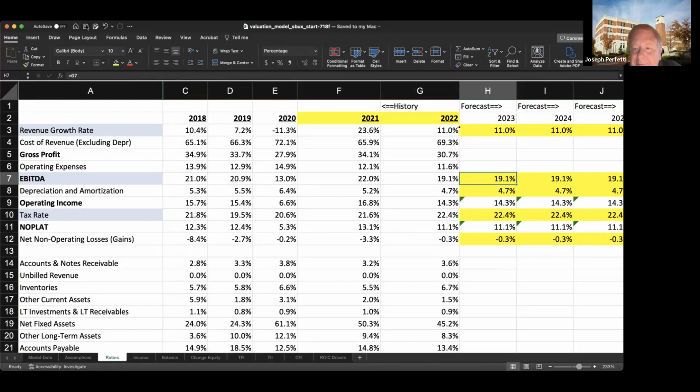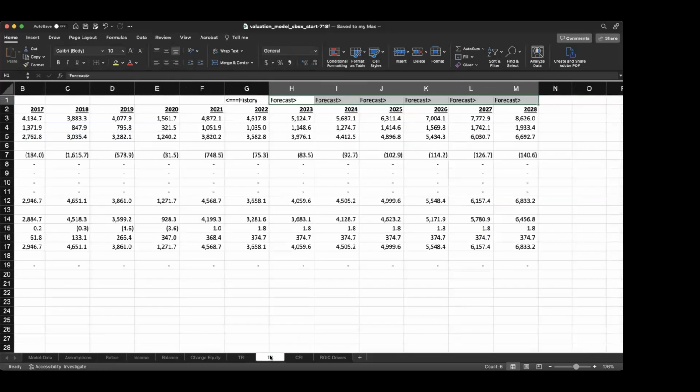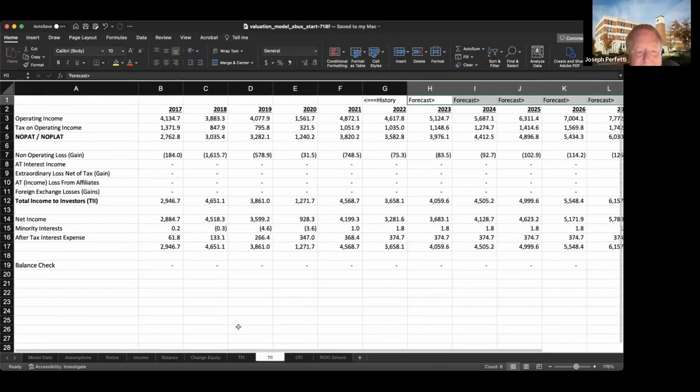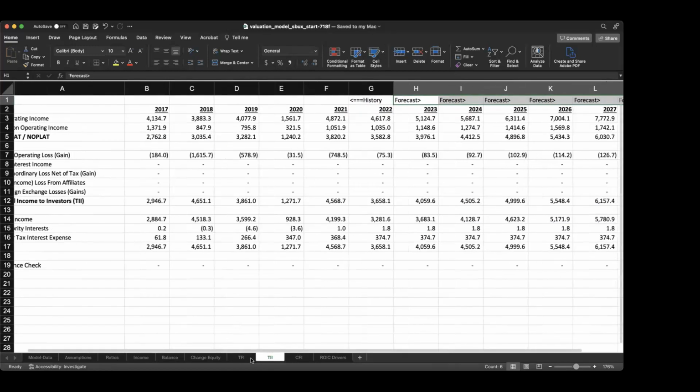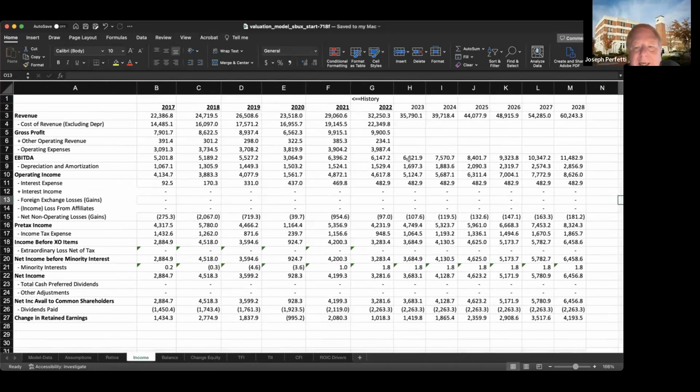All right, questions? Professor, for H8 and H9, could you show what's in those again? In which tab? The income tab? The income tab, yeah. Sure. H8 is EBITDA, and similarly H9.